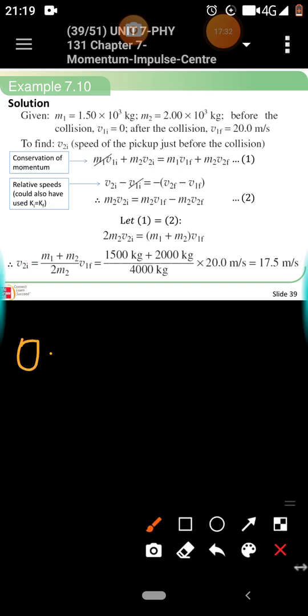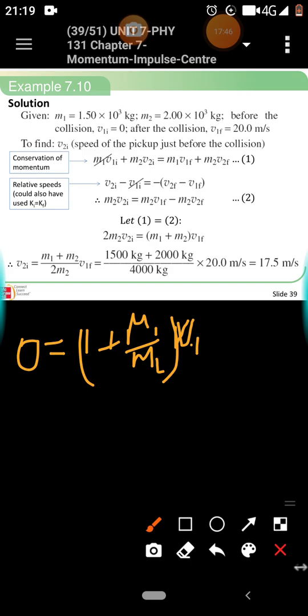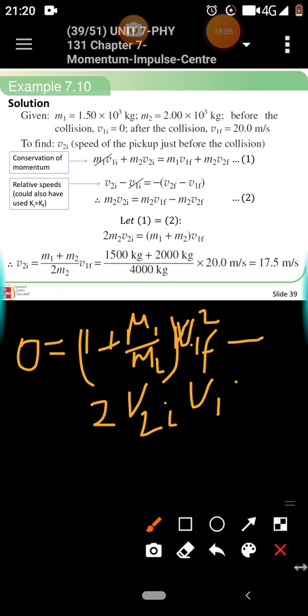So we have 0 is equal to, grouping the terms, (1 plus m1 over m2) times v1 final squared, minus 2 times v2 initial times v1 final.